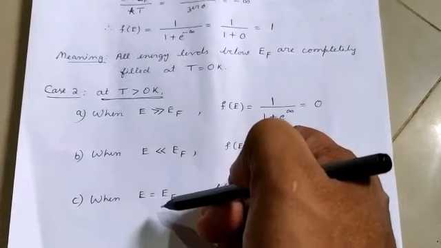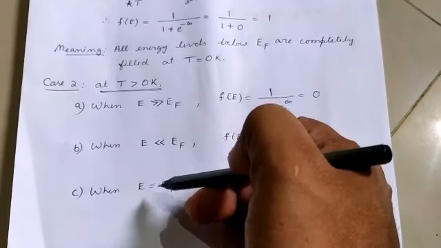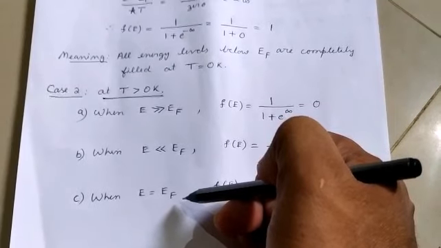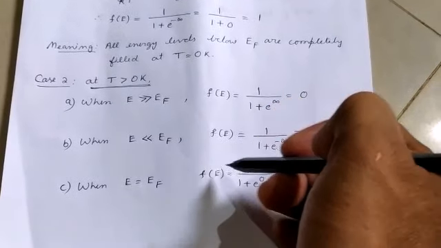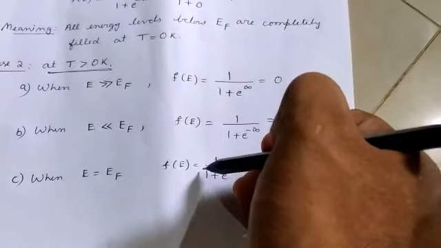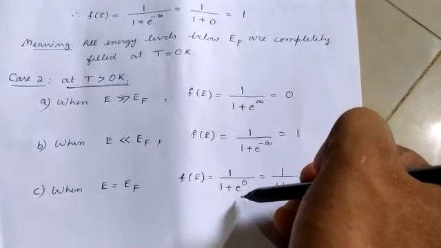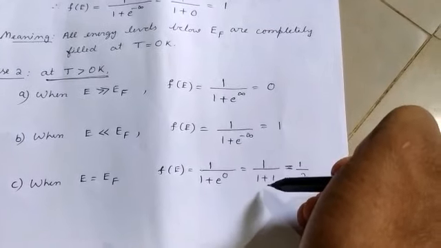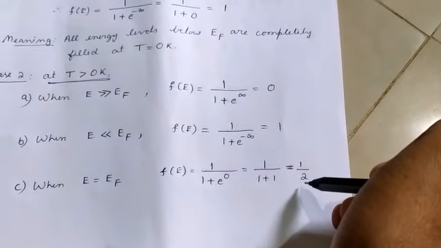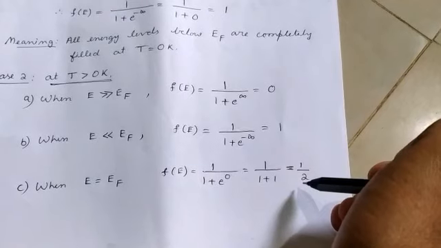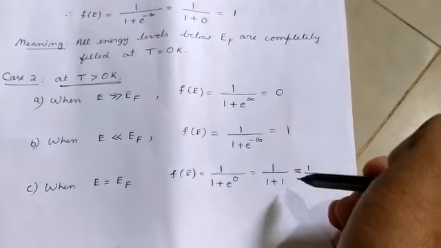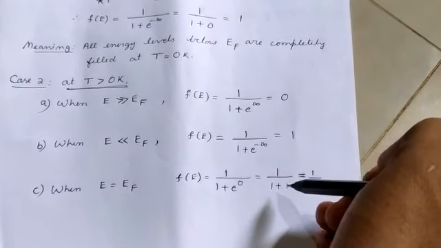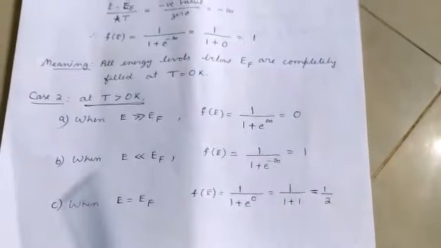Now let us take the intermediate energy level, when E is equal to the Fermi level EF. Then (E - EF)/kT becomes 0, so f(E) is 1 / (1 + e^0). e^0 is 1, therefore we get 1 by 1 plus 1, which is 1/2, or 0.5, or 50%. That means the Fermi energy level has a probability of 50% of being occupied.